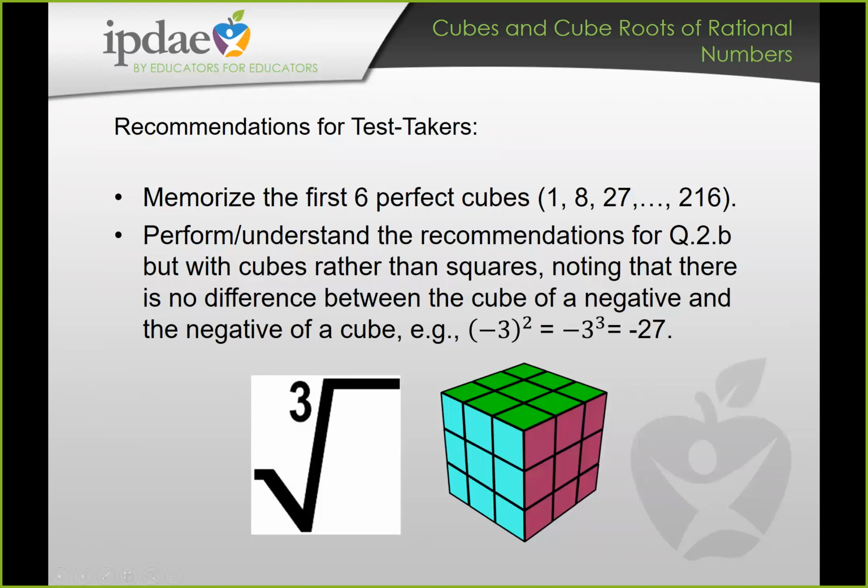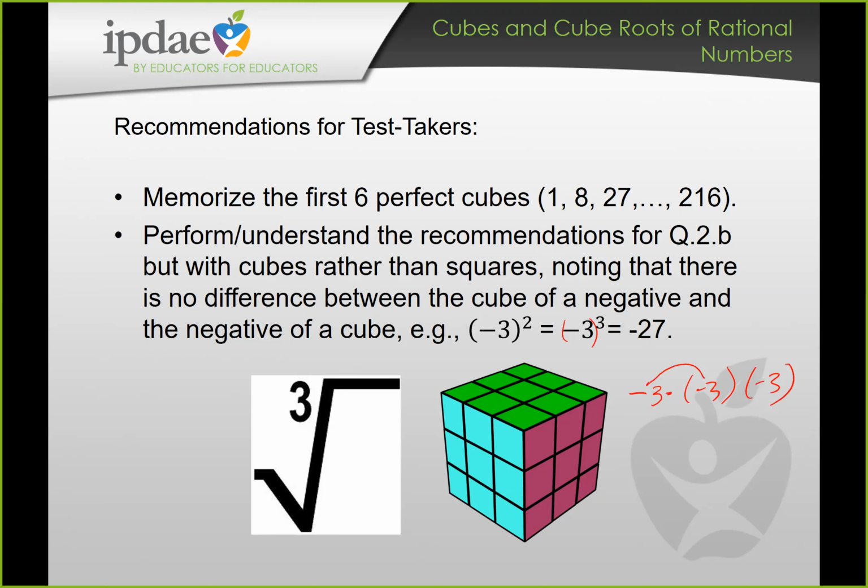The difference between cubing and squaring is when it becomes negative. So if you cube a -3, the answer will still be a negative number. When you cube a -3, that is -3 times -3 times -3.